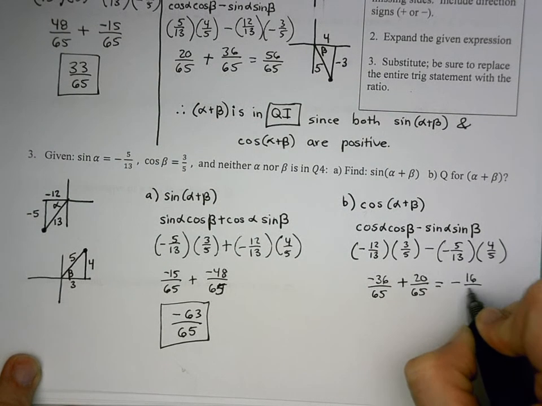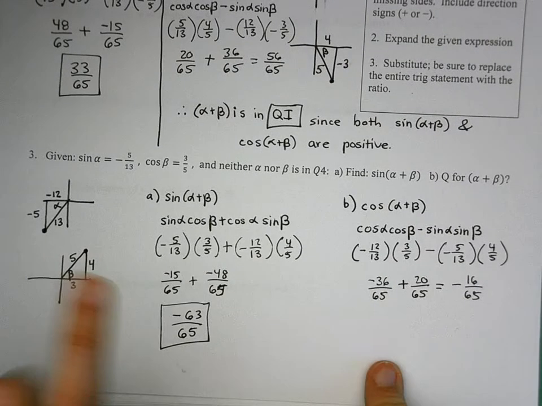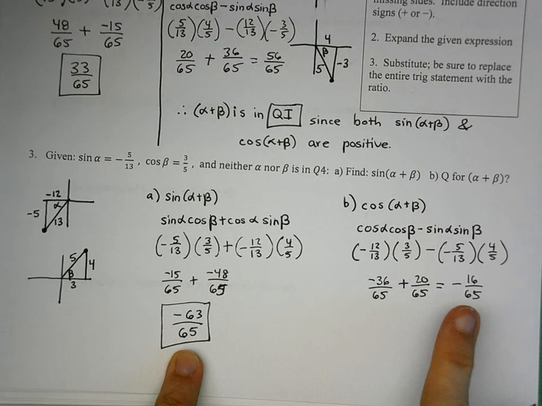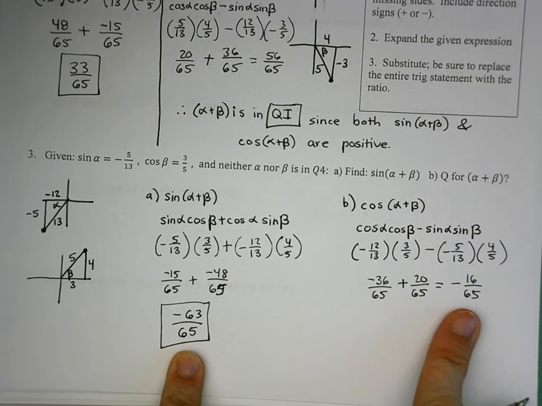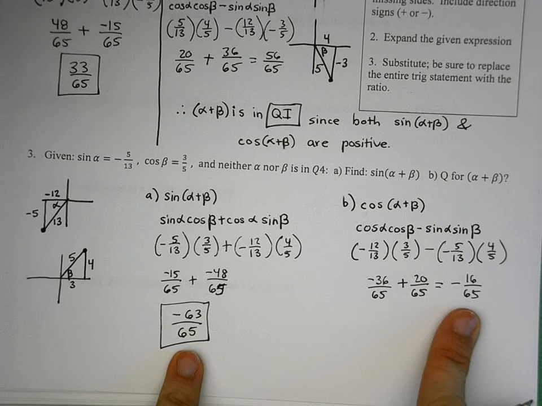Well, there is only one quadrant where both sine is negative and cosine is negative. What quadrant is both sine negative and cosine negative? That would be quadrant 3.